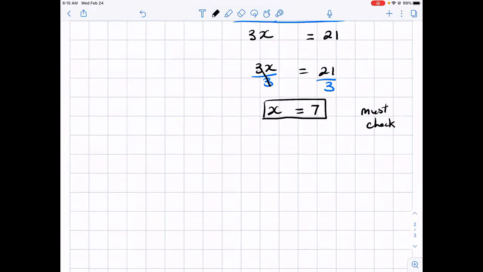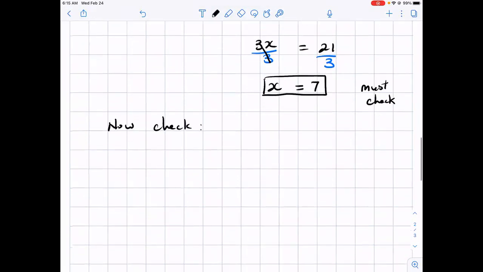So let's check now. Is x equals 7 true? Well, we must go back to the original equation.